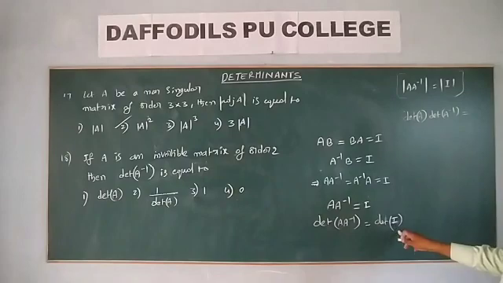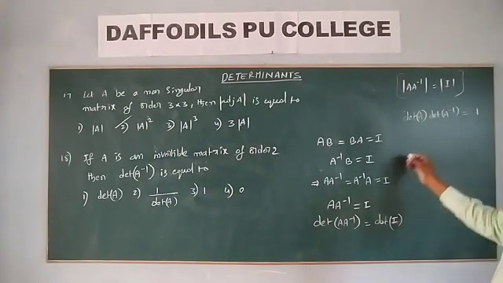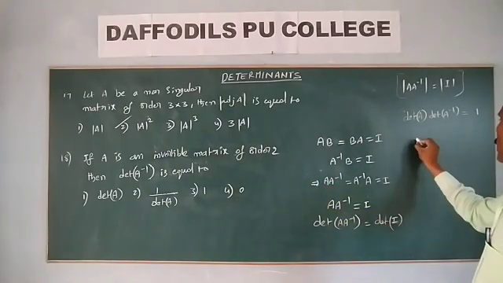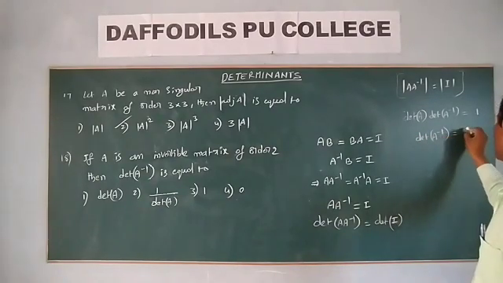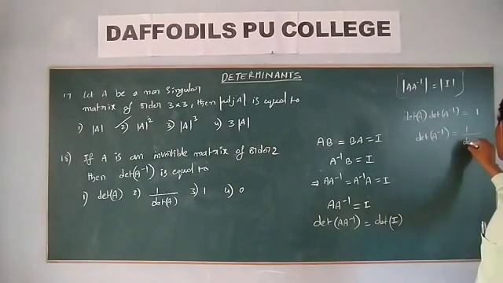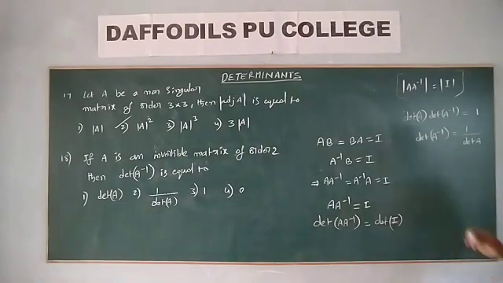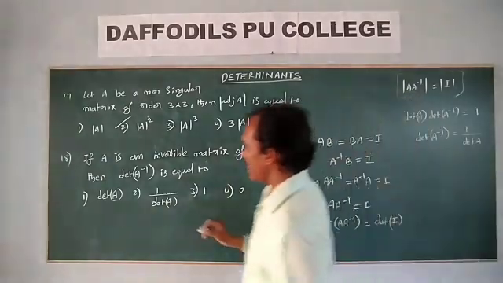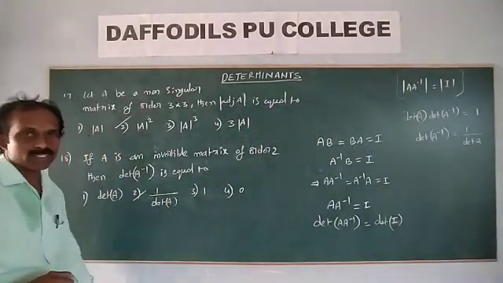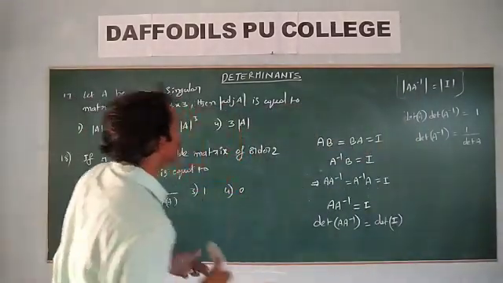The determinant of the identity matrix has value 1. So we want the determinant of A inverse. Det of A inverse is equal to 1 by det A. This is the answer, second option.